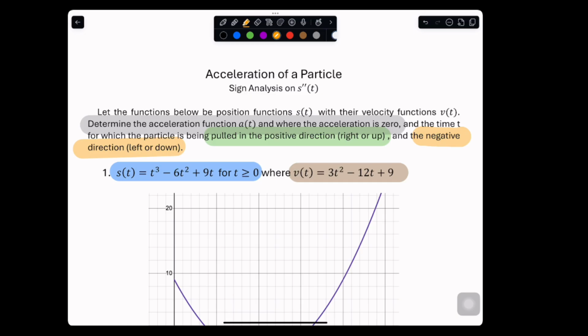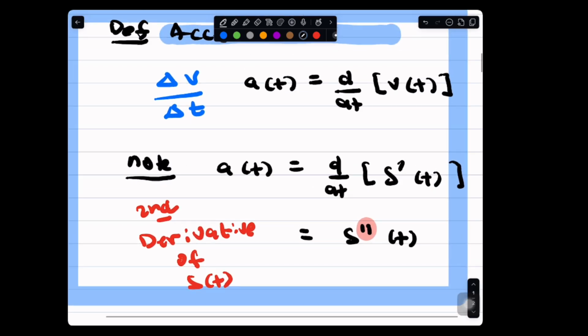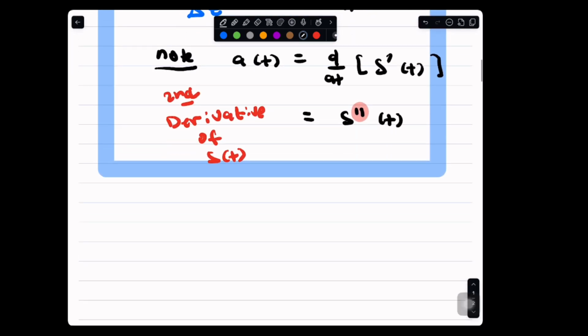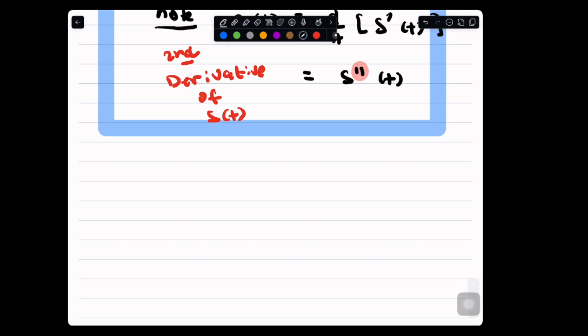Notice the key phrase they're using now. They're using the phrase what? Pull. Does anybody know what's the relationship between being pulled and acceleration? Why do they use the phrase pulled for acceleration? Let's go back to this idea. You have this idea of force, which equals mass times what?